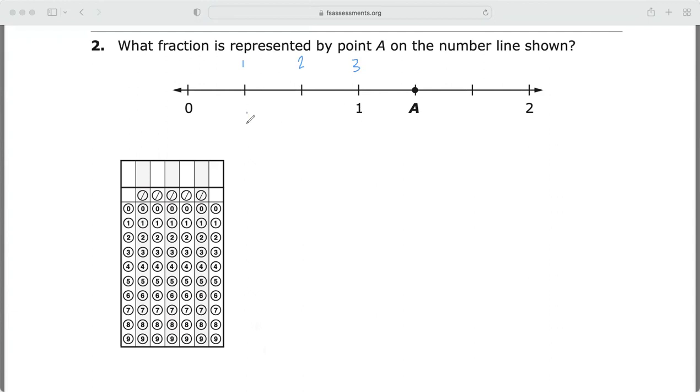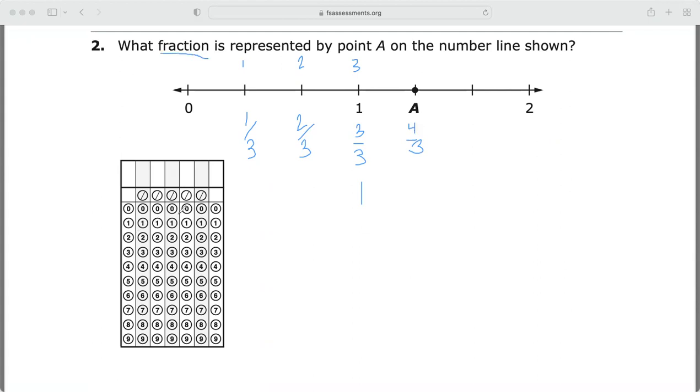So basically this would be 1/3, this would be 2/3, this would be 3/3, and 3/3 is the same thing as 1. The next one would be 4/3 or 1 1/3, but it didn't ask for a mixed number, it asked for a fraction, so you would put in 4/3.